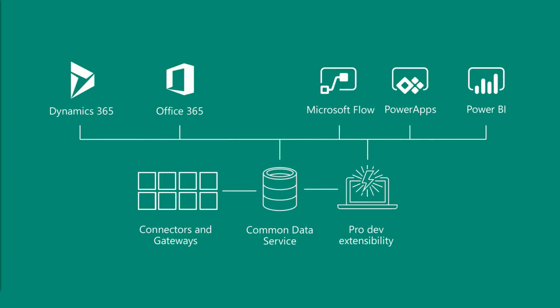So, picking up where we left off with the Common Data Service really connecting out to a much broader ecosystem, what we've allowed for building on top of the Common Data Service is plugging into a very rich ecosystem that not only has connectors and gateways, today I think over 230 out-of-the-box connectors that bring data in and can read data out of the system, but also allows for a lot of pro-dev extensibility.